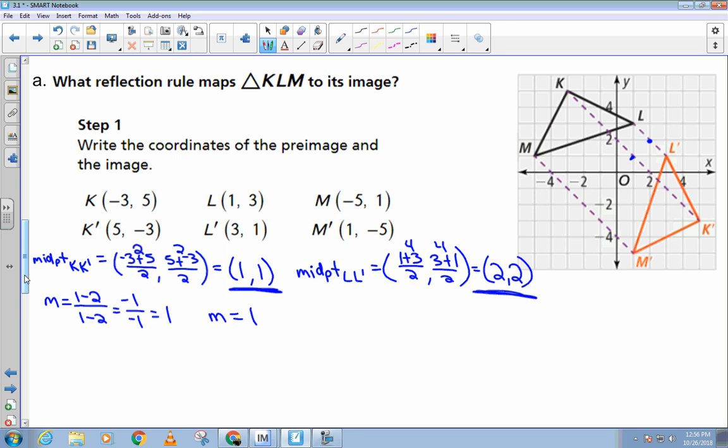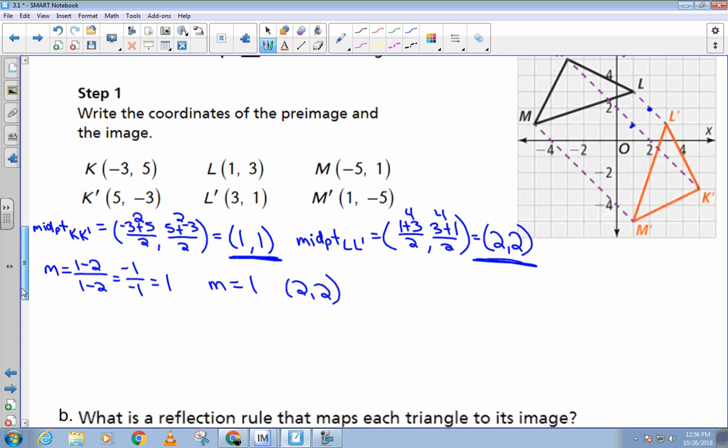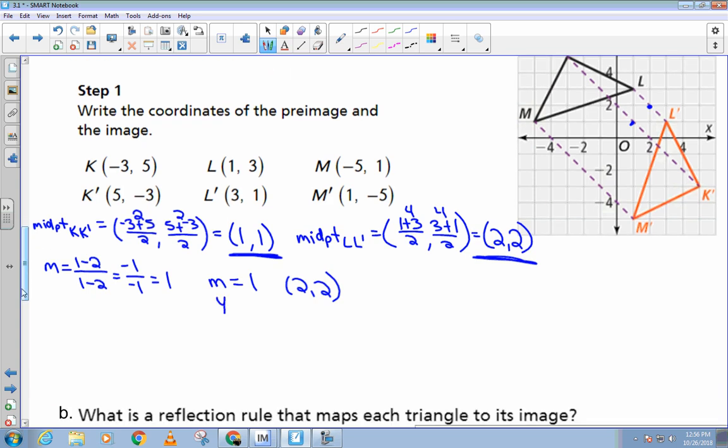And then I have to pick a point and come up with the equation of the line. When I pick a point, it has to be one of the 2 midpoints, because the line is going to go through here, all right? Let's use 2, 2. So I'm going to use this slope and this point, and I'm going to come up with the equation of the line using y minus y1 equals m times x minus x1.